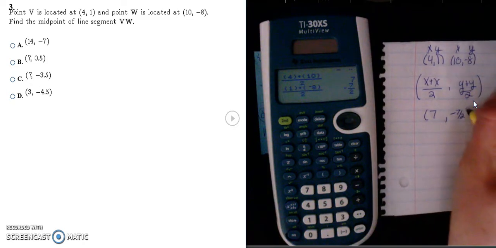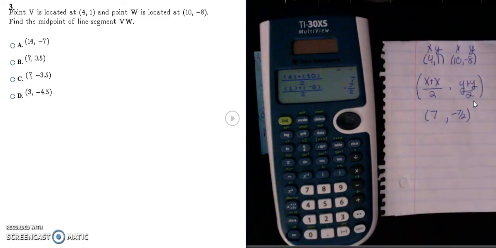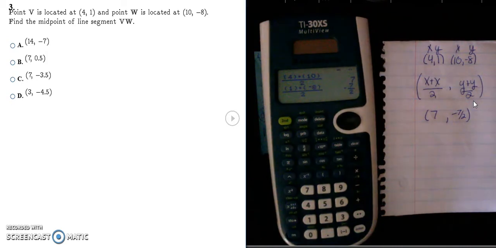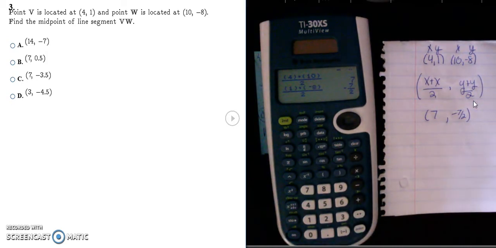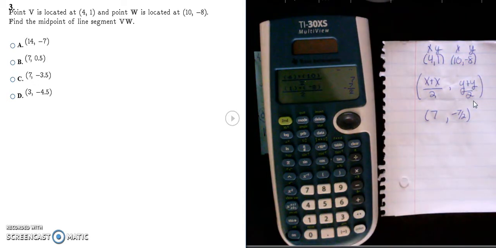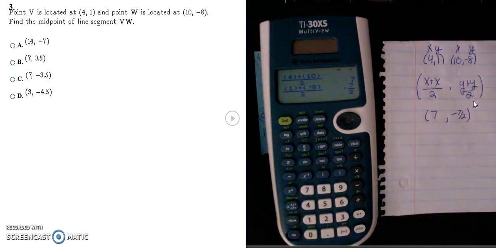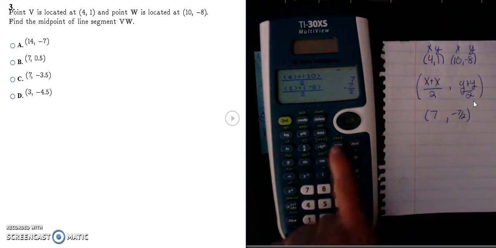But I see in my answers that there are no fractions, it's all decimals. So I'm going to need to convert that fraction to a decimal. I'm going to do that by using the fraction-decimal conversion button on my calculator, which is above the word table in green. That F arrow D means it will convert fractions to decimals or decimals to fractions.